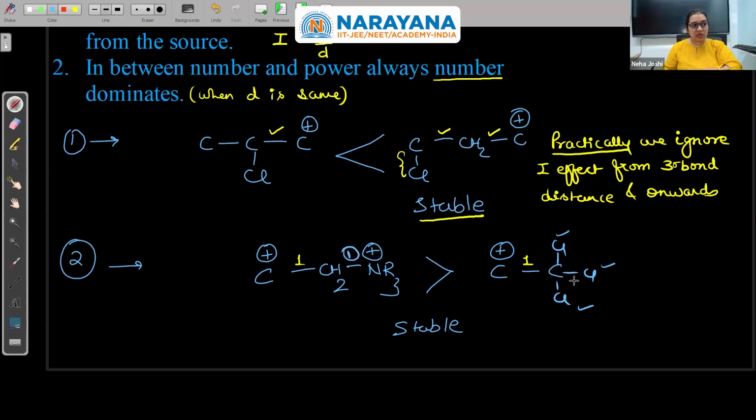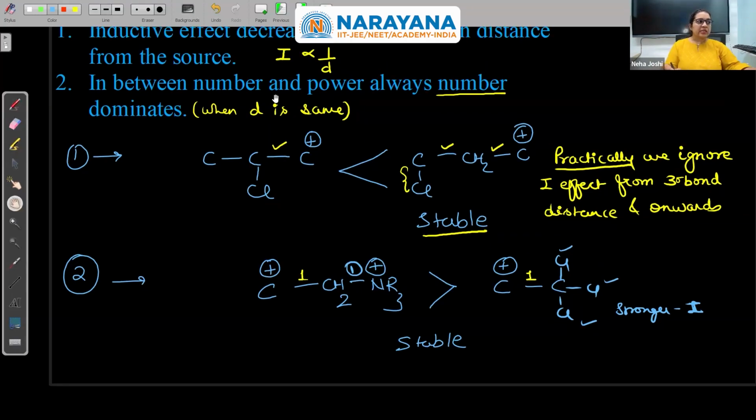So 3 Cl bonds will exert a stronger minus I than this. And since we wanted to compare the stability of carbocation, the less minus I the better, so this is more stable. This is how you can use distance same, then number and power in comparison.